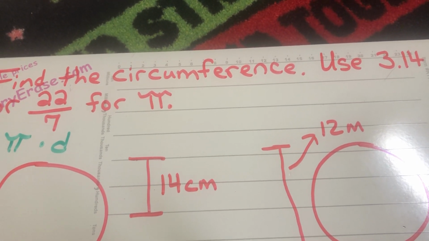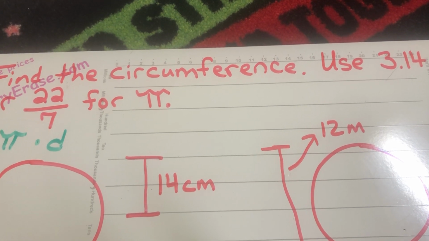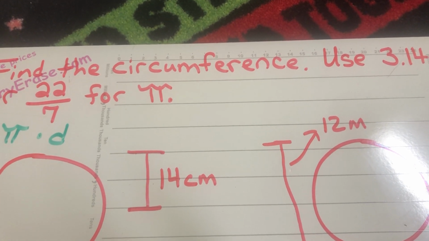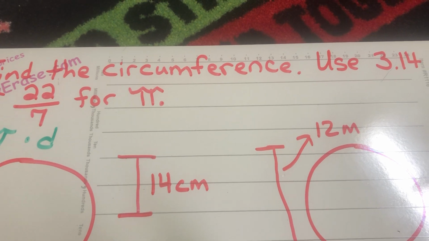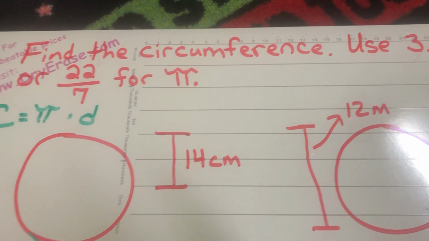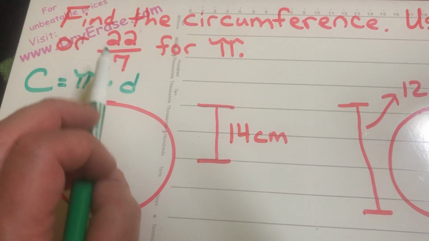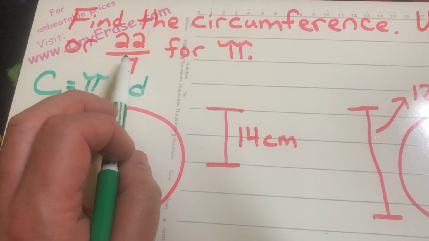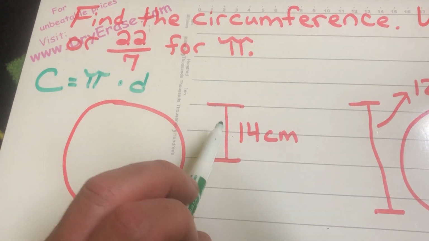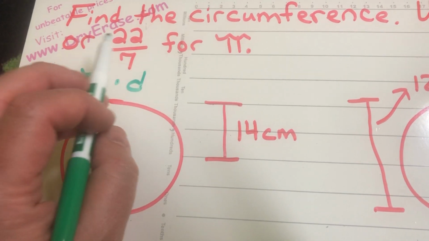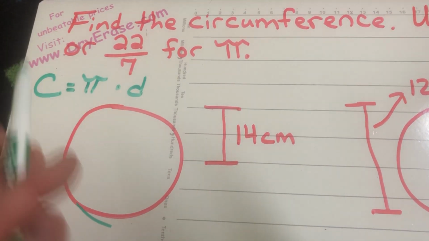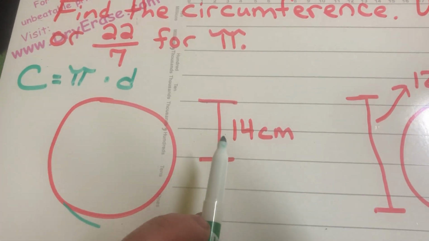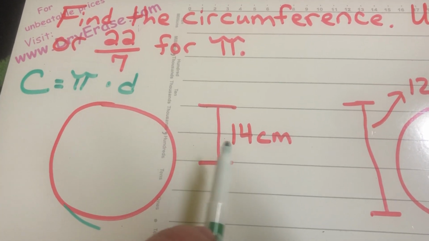If you were to actually use them, you would get an answer very close to each other, but you would not get the exact same thing. Now, I like to use 22/7 if we're dealing with fractions, first of all, because we just keep fractions, or if the number that we're using is a multiple of 7.